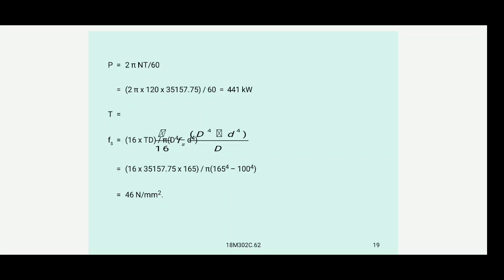Another: Fs is equal to pi by 16 into Fs into capital D to the power of 4 minus small d to the power of 4 by D. That is equal to Fs is equal to 46 Newton per mm square.